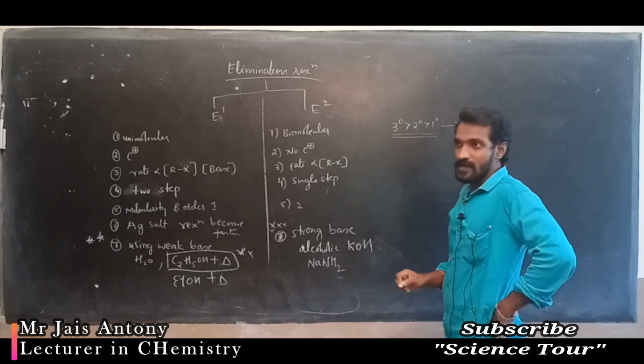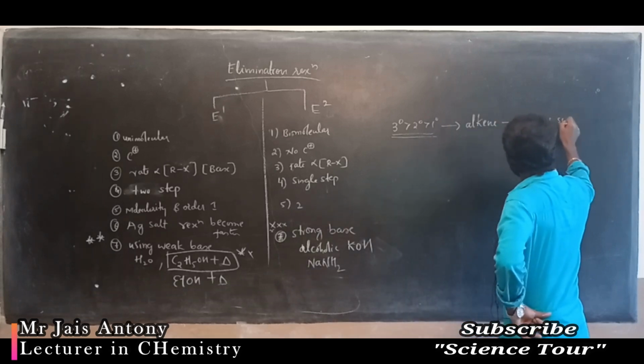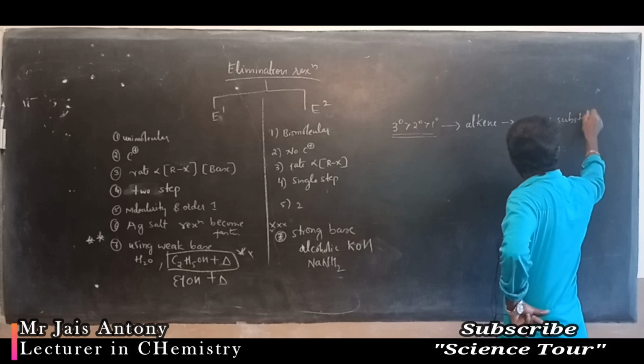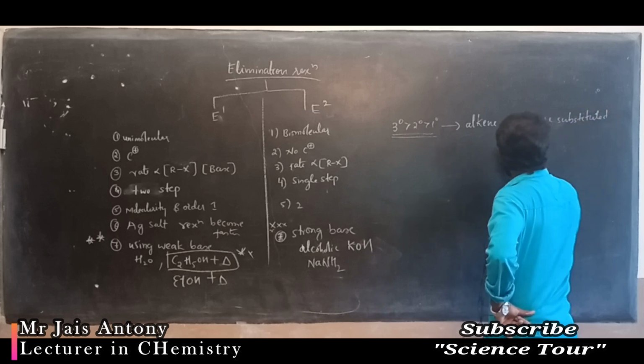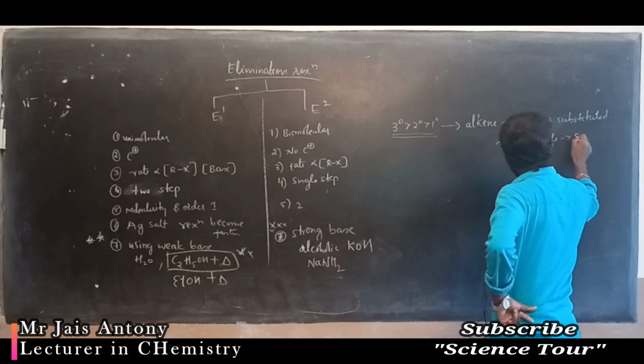If more substituted alkene is there, it is more stable, by the Saytzeff rule.